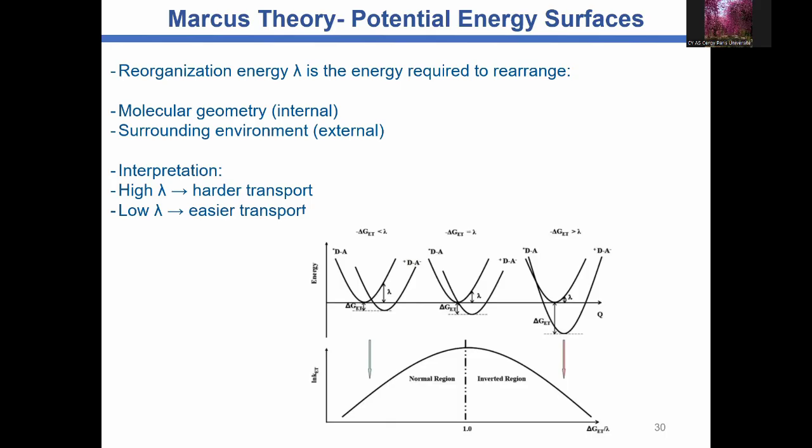So here in the initial state you have the minimal energy here, and you have the minimal energy here. And here is the energy correspondent in the initial state that has the same molecular distance. So you see this reorganization.